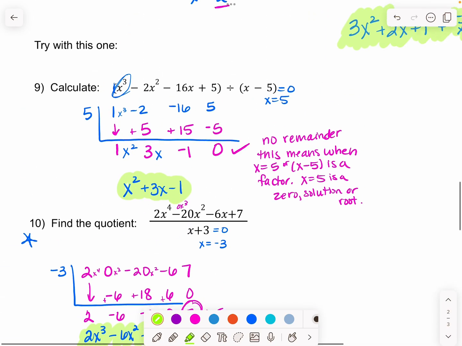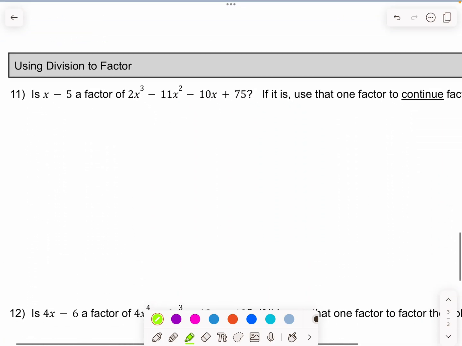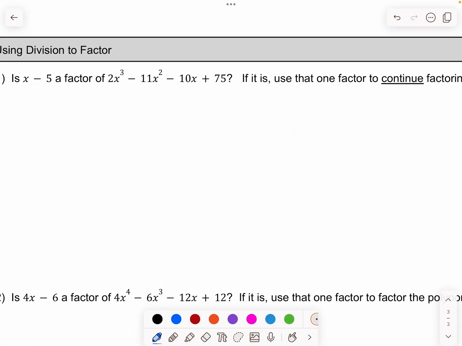All right, there's synthetic. So the next one you want to do is: is x minus 5 a factor, meaning does it have a remainder equal to 0? That's what you're looking for, a nice factor that has a remainder of 0. And you can do this with x minus 5. You can do synthetic if you want. You can do long division if you want.